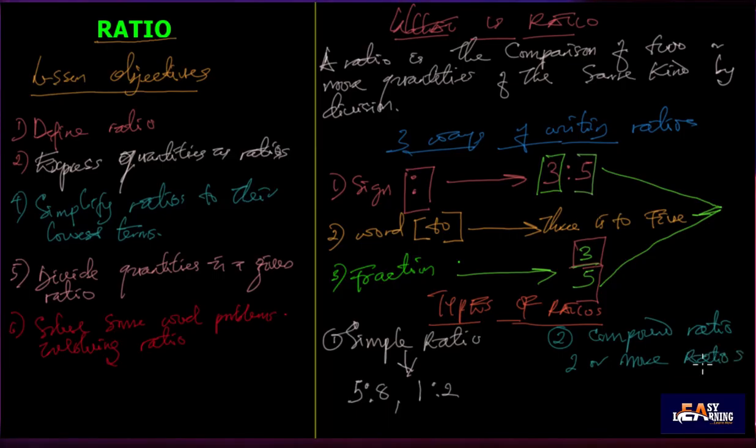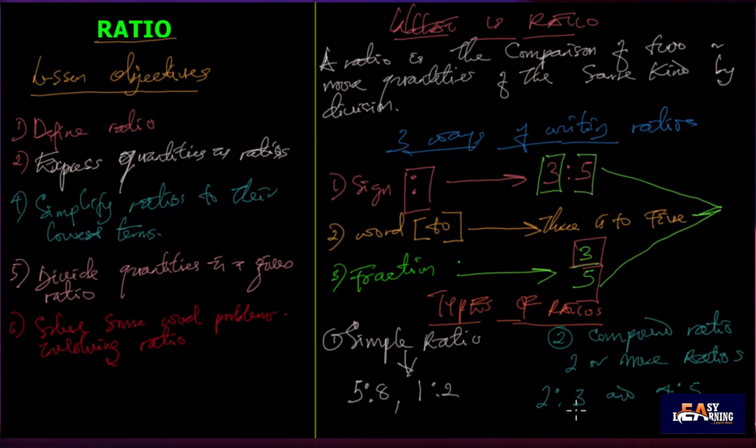You can multiply 2 or more ratios together. For instance, we can have 2 is to 3 and 4 is to 5. In this case, what simply happens is multiplication. We multiply these two ratios out. We are going to be seeing some of them in examples.